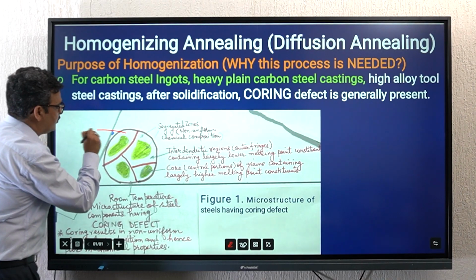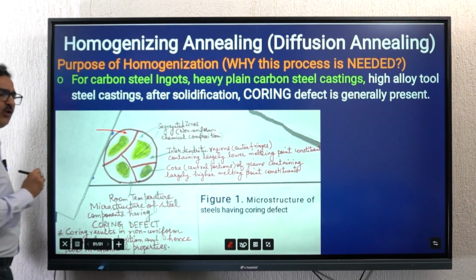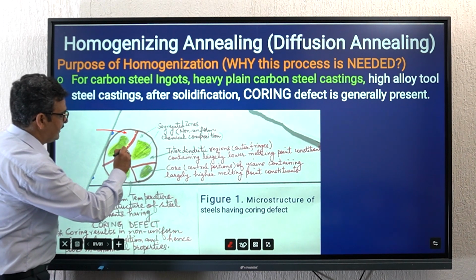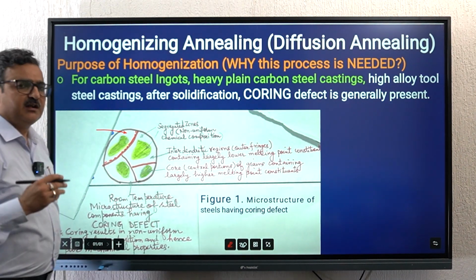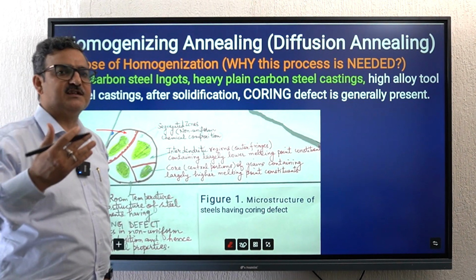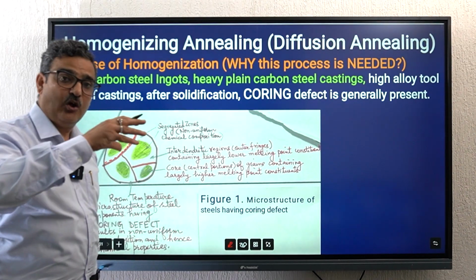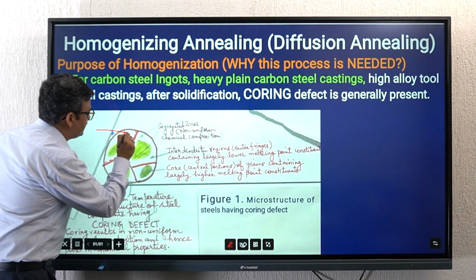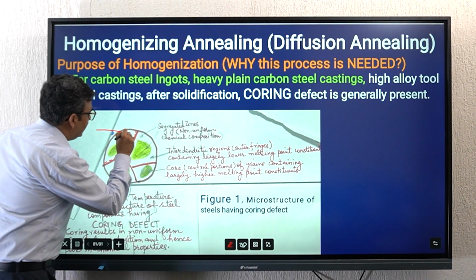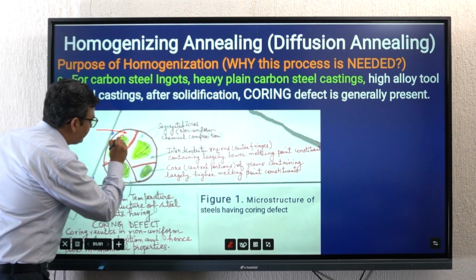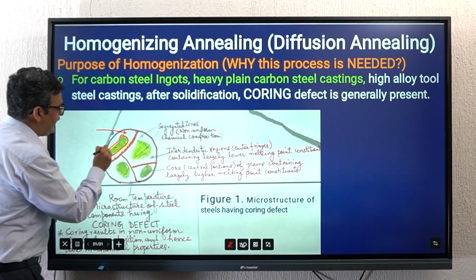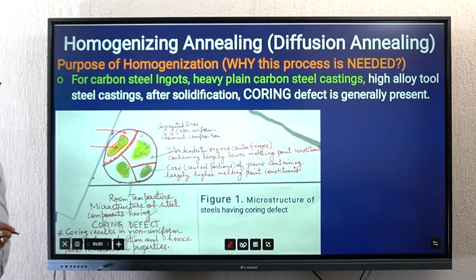Rather, there is this outer region, which I call region close to the grain boundaries, because this region is close to the grain boundaries, or these are interdendritic regions or outer fringes of the microstructure. So this is a region which would have some particular type of composition, and the central portion of each grain, as I have shown through this green, would have another type of composition.